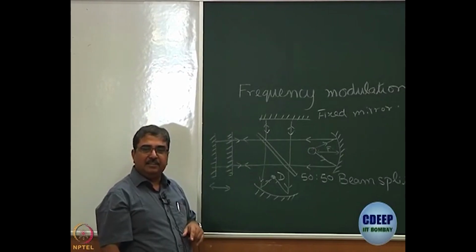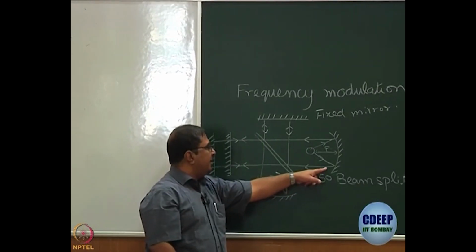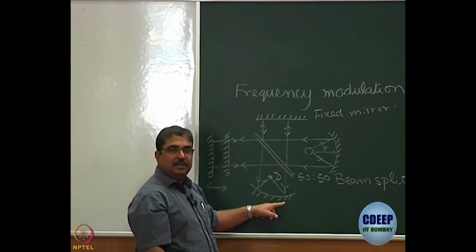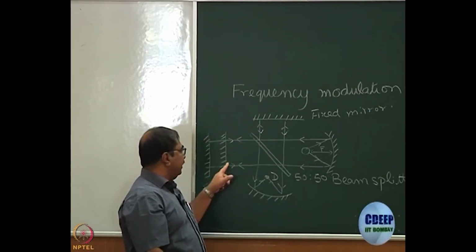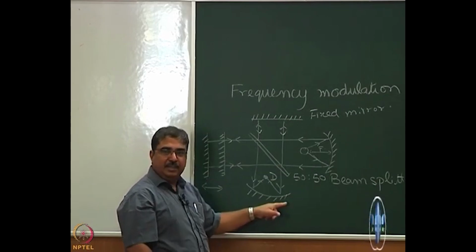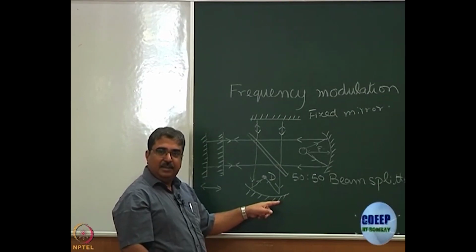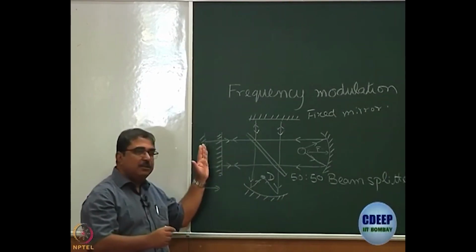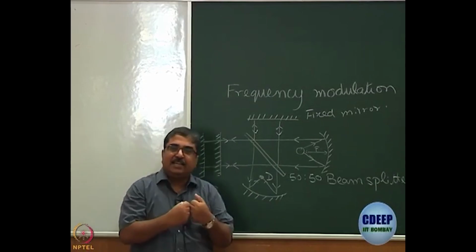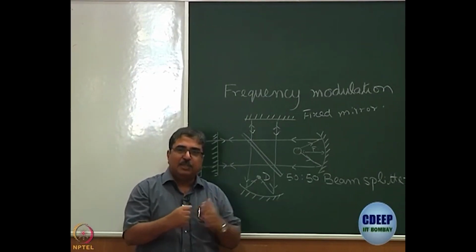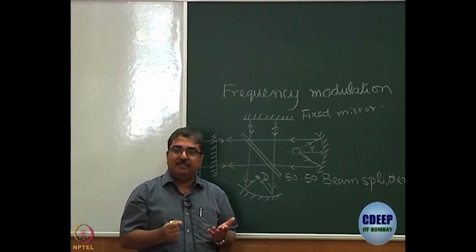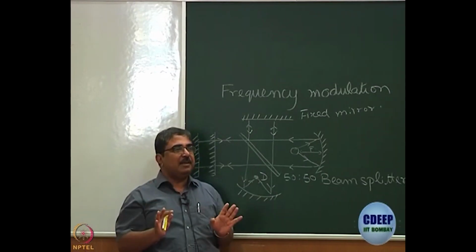Is that right? From here to here to here to here, that is one path, and from here to here to here to here, that is another path, right? So I can move this mirror to such a distance where these paths are exactly the same, or I can move it a little bit so that these two paths are not exactly the same. Have you understood this part?